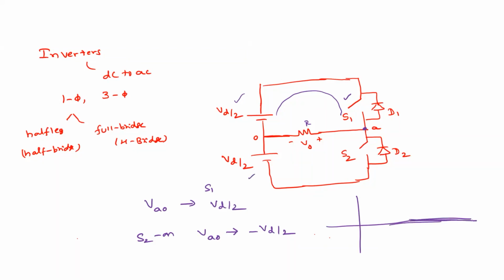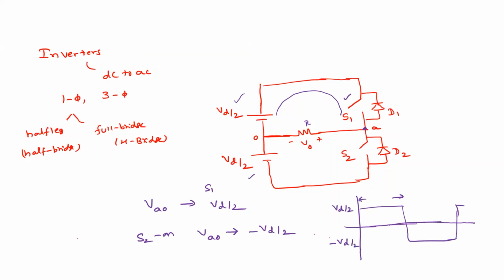How to turn on that one? This will produce a kind of square waveform. This is the expected waveform. During this interval, let us assume this is VD by 2 and this is minus VD by 2.